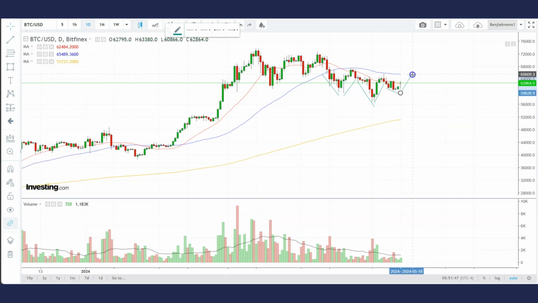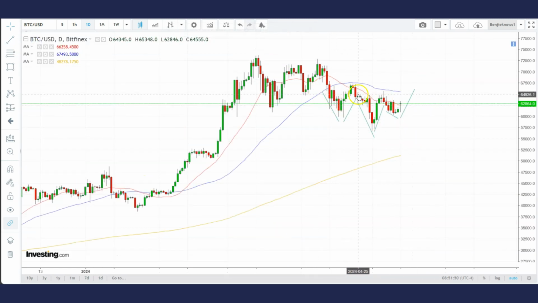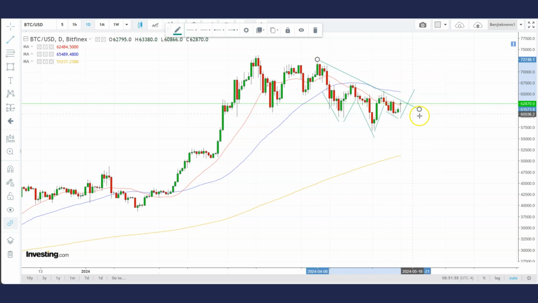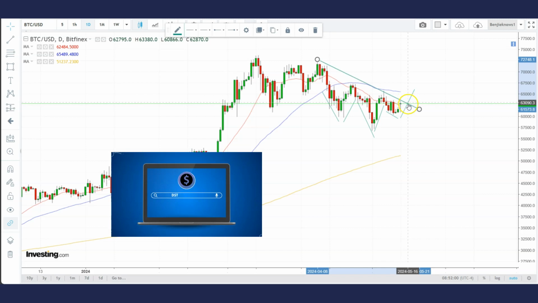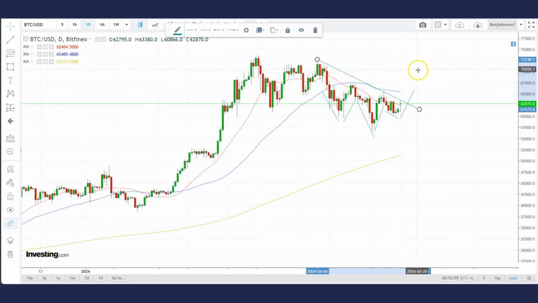So if Bitcoin has an inverse head and shoulders breakout, we might see MicroStrategy following through as well. Okay, we can draw a downtrend line here, and if it breaks out, if it stays above this right shoulder, then we can see Bitcoin moving higher, and this might be beneficial for MicroStrategy.